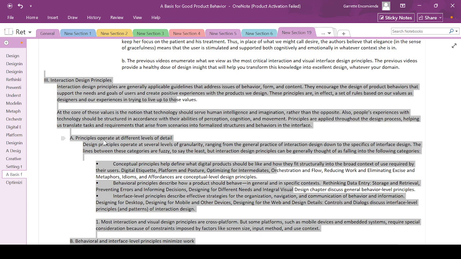So these principles are based on the values that we have discussed. We define these principles as the guidelines that provide usefulness. Again, this value provides a higher level that the principles are based from.